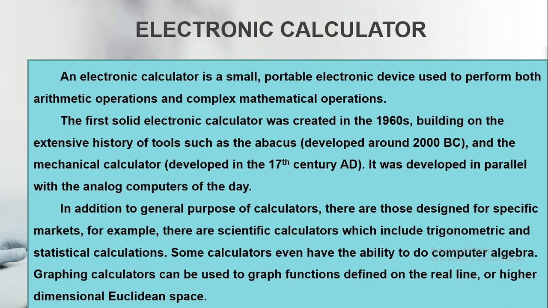And then the second one, it also emphasizes more or describes the types of other calculators that have different functions. For example, scientific calculators and graphing calculators, right? So it's very easy for you if you already know the generic structure of the report text. So it's easier for you to find the description and also the general classification.